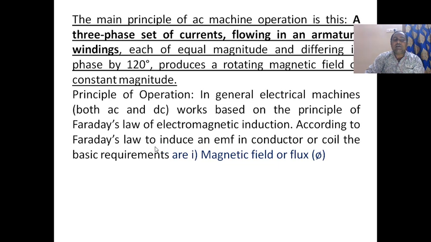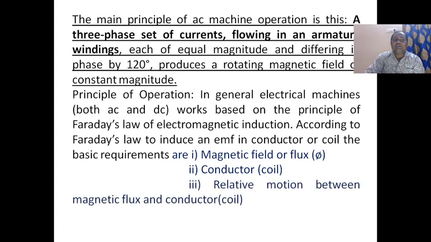According to Faraday's laws, to induce an EMF in a conductor or coil, the basic requirements are: first, magnetic field or flux; second, a conductor, that is nothing but a coil; third, relative motion between the magnetic field, flux or field, and the conductor. Any one of these two must be in motion, then only the EMF will be induced.